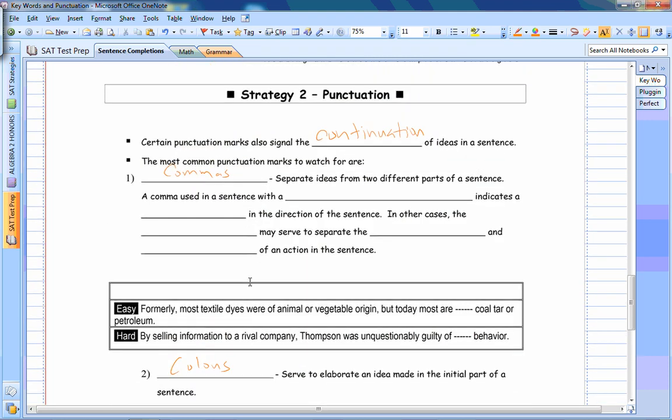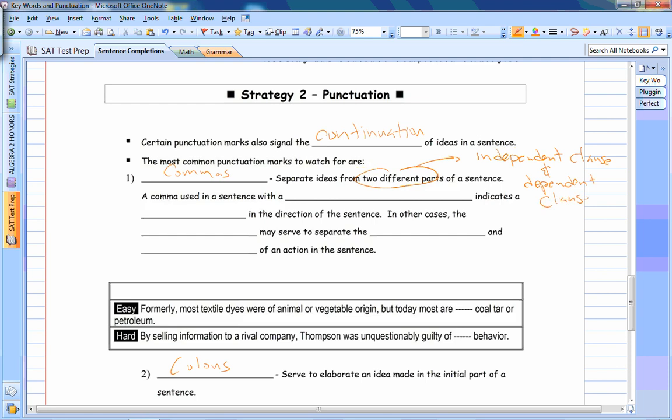We'll start with commas. So as you know, a comma is usually used to give you a bit of a pause in a sentence, sometimes if you're listing things, or if you're separating two different parts of a sentence. And the two different parts you'll be separating will be what's called an independent clause and a dependent clause.